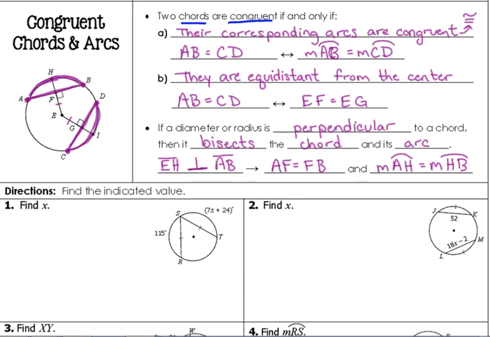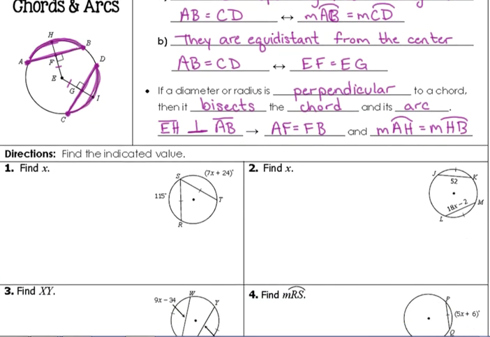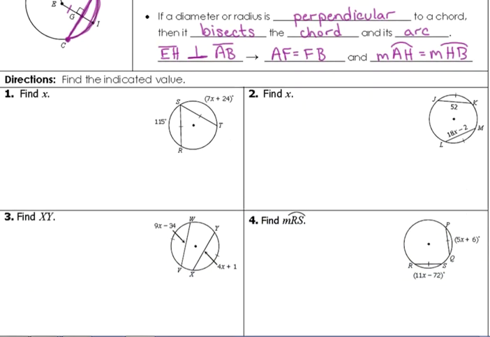So if it's perpendicular, which it is, that chord is cut in half. From A to F, from F to B, same distance. That arc is cut in half, so from A to H, H to B, same distance. We're going to do a few problems just with the first bullet point right now. We'll come back to the second bullet point later.